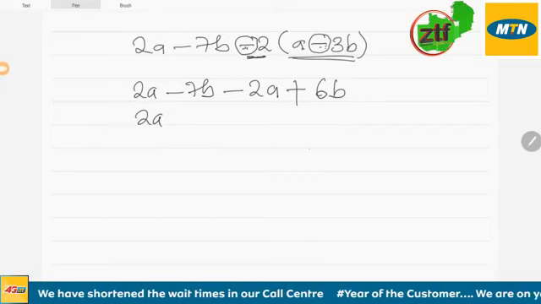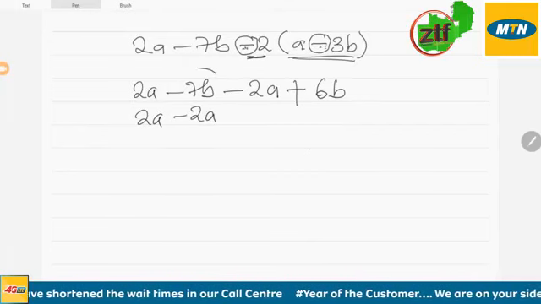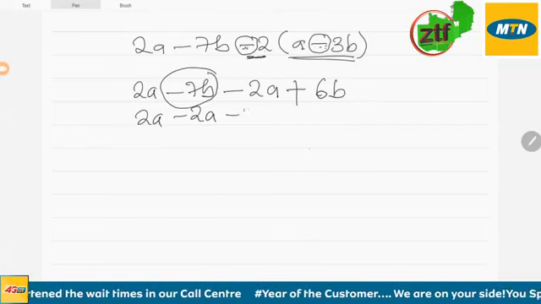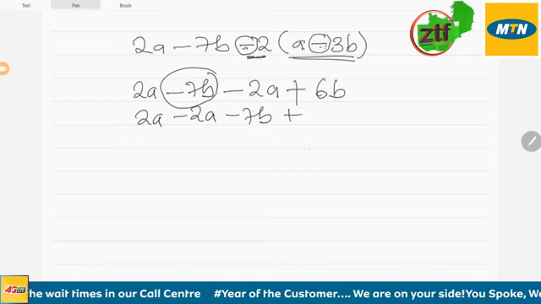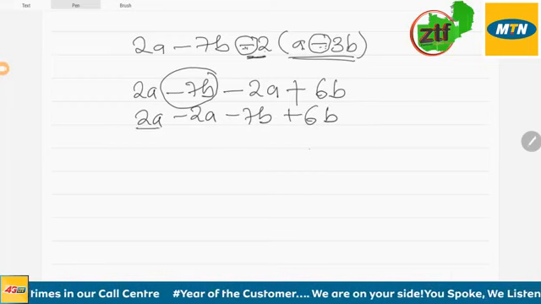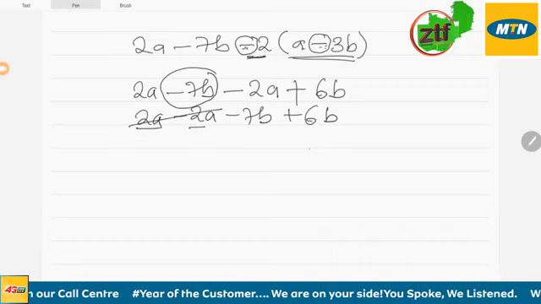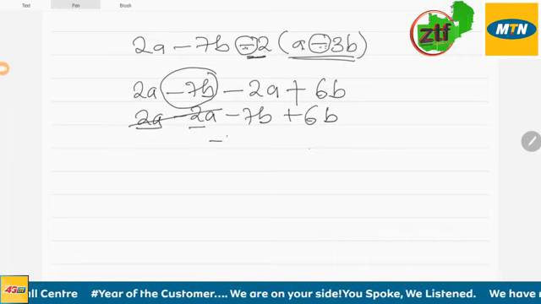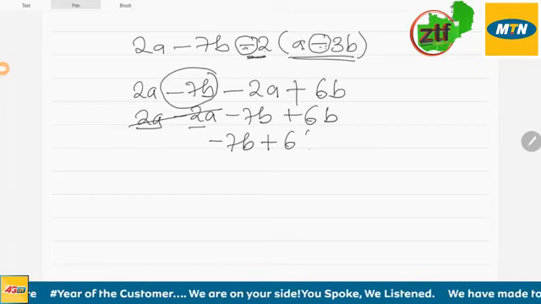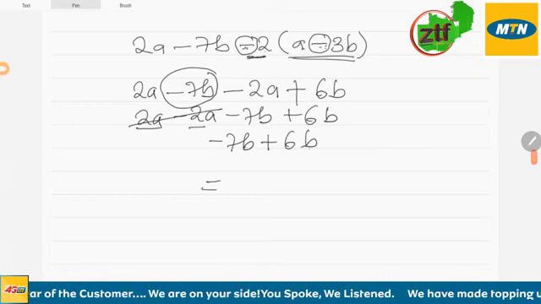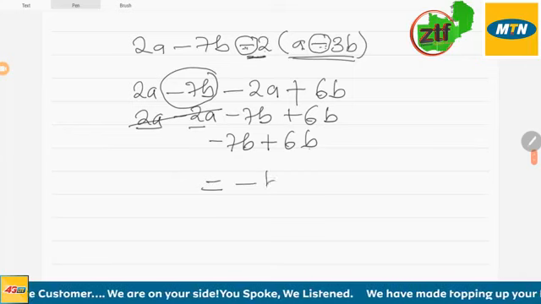Right. Now that we have expanded and removed what is in the brackets, we are going now to collect the like terms so that we simplify the given expression. So, 2a minus 2a, then we pick this negative 7b plus 6b. So 2a minus 2a is going to eliminate. So we remain with negative 7b plus 6b, and negative 7b plus 6b is the same as negative b.